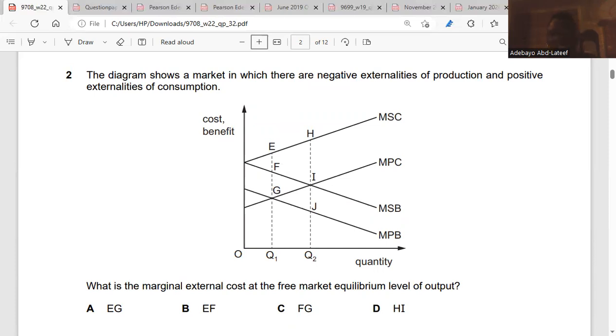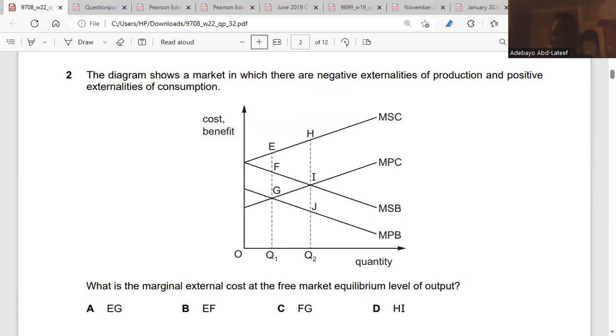They say, what is the marginal external cost at the free market equilibrium level of output? Since we are having negative externalities for production, but positive externalities on consumption, that means external benefits exceed private benefits. That is the point.